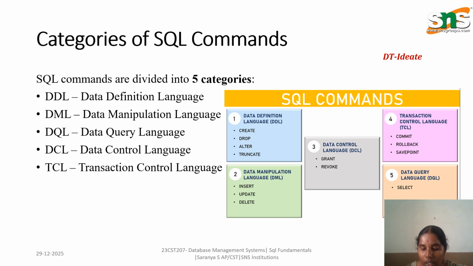These are commonly used in data manipulation language. Select is to retrieve the data from one or more tables, and insert is to add a new row of data in the table, and delete is to remove the row from the table or column from the table, and update is to change the column values in the existing rows of the table.